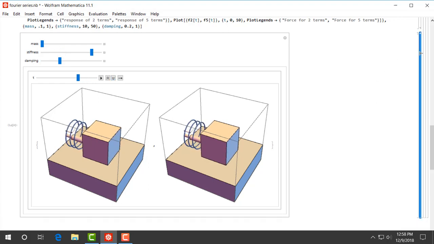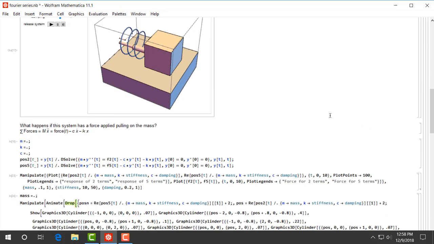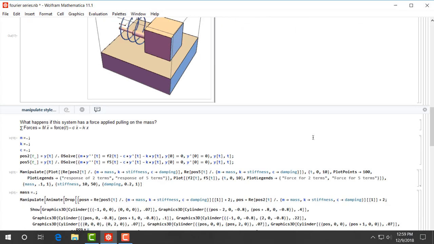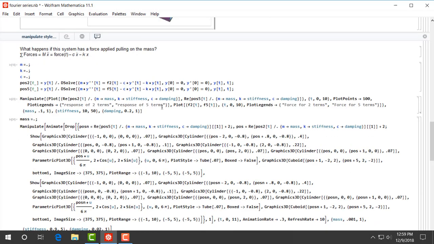So if we take a look at the code here, it's pretty messy and hard to understand. But essentially what I did was I took some of the code that Mathematica gives you. It gave you this mass spring damper, and I just used that to put my functions in there for position.